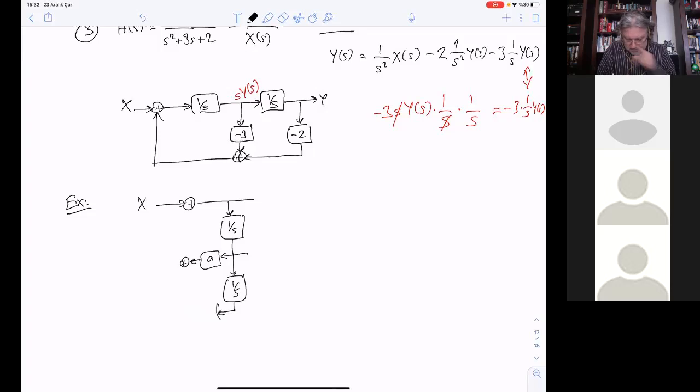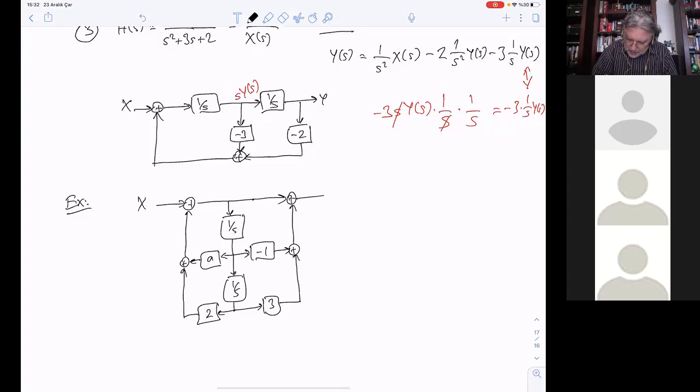Let's put 2 here. And here, let's put a -1. Here, a 3. And yeah, that's it. Maybe we may put another box here, but let me not do it.